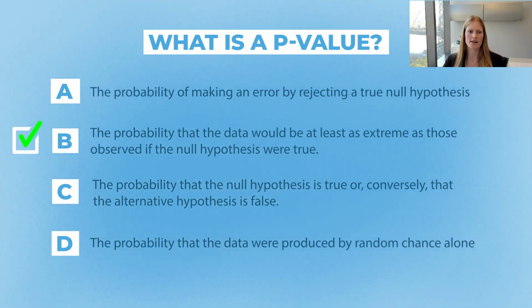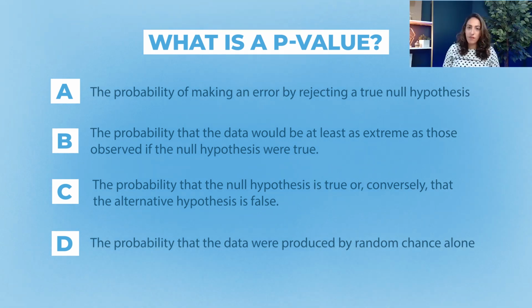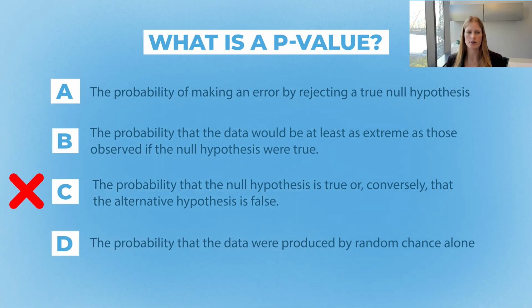P-values are calculated based on the assumption that the null hypothesis is true for the population, and it is the probability of observing a sample as extreme or more than what our data show. Consequently, p-values can't tell you the probability that the null hypothesis is true or false, because the calculation assumes that the null hypothesis is true. So C is incorrect.